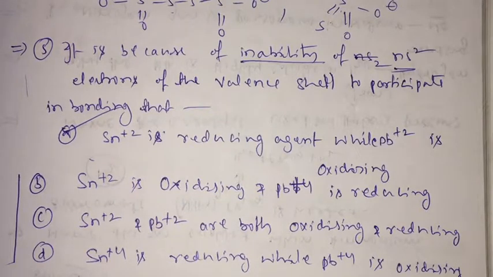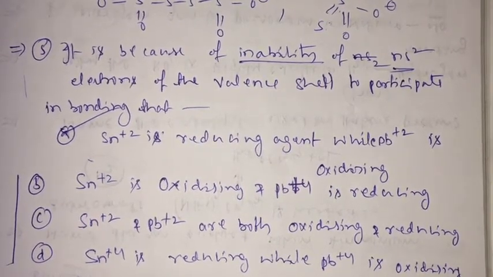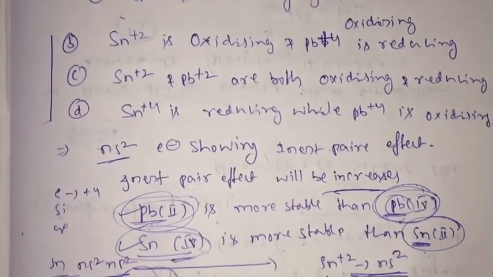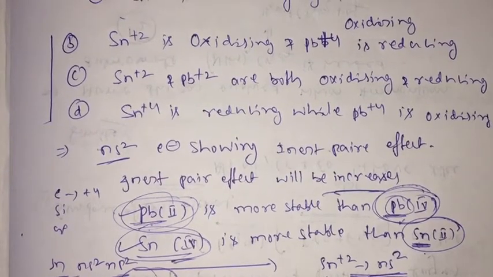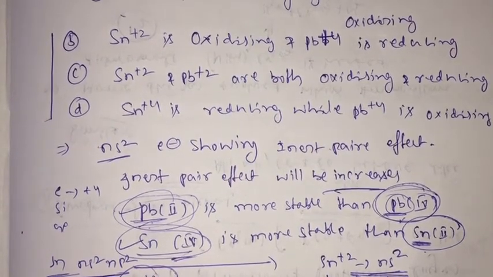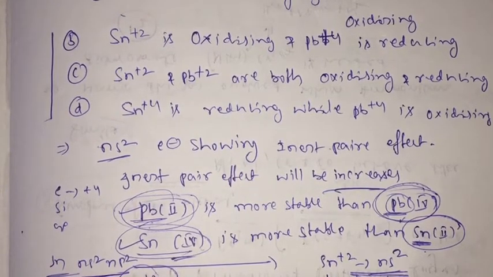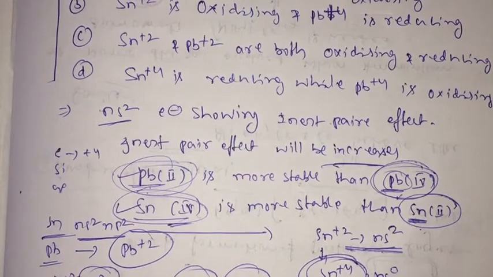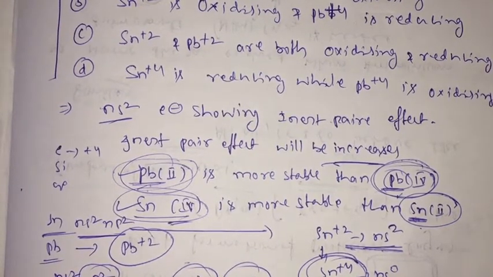It is because of the inability of ns2 electrons of the valence shell to participate in bonding. In that case, Sn plus 2 can lose the electrons, and Pb plus 2 cannot lose the electrons, because Pb plus 2 is the stable oxidation state. The ns2 electrons show the inert pair effect. As the inert pair effect increases, Pb plus 2 ion is more stable than Pb plus 4, but Sn plus 4 is more stable than Sn plus 2, because in this case there is no inert pair effect. So that's why Sn plus 2 is a reducing agent while Pb plus 2 is an oxidizing agent, right?